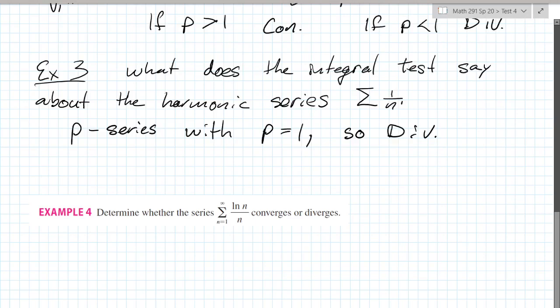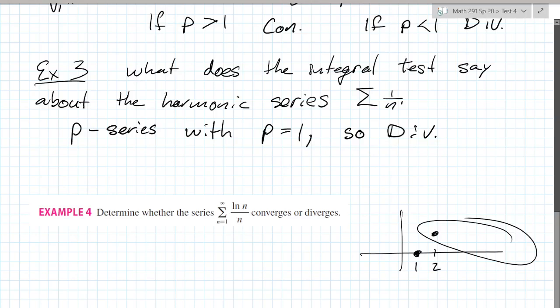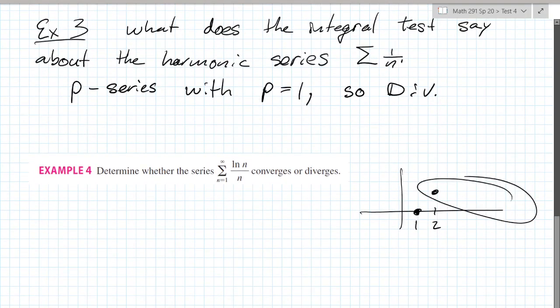So that starts out at 0, then it goes up to a positive number. So is this actually a decreasing function? Well, it is decreasing in the tail. As long as we're on the right-hand side of this, it is a decreasing function. Not from 1 to 2, but when n is greater than 1, that is from 2 on, this is a decreasing function.